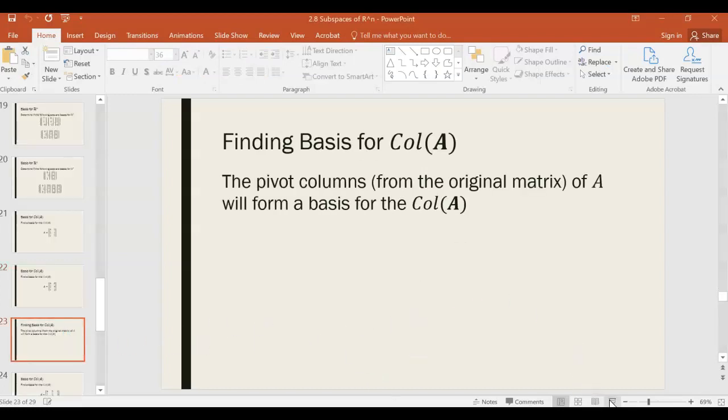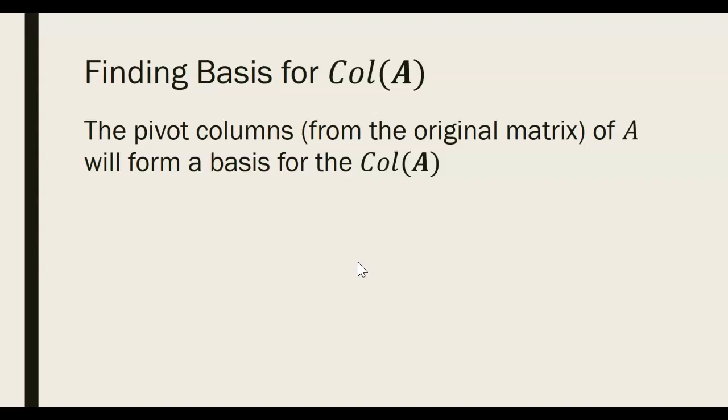All right. And this is how we find a basis for the column space of A in general. We just look at which columns from the original matrix were the pivot columns.